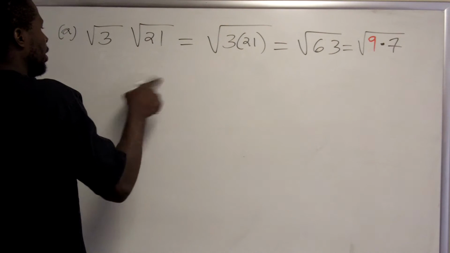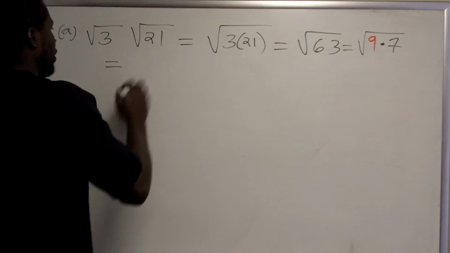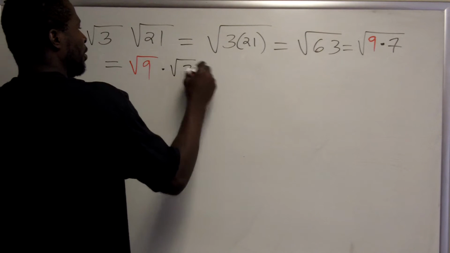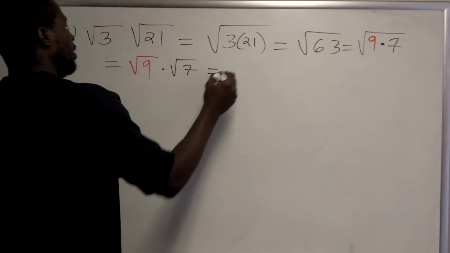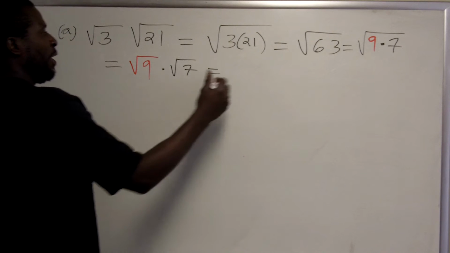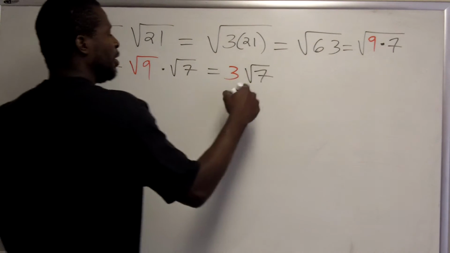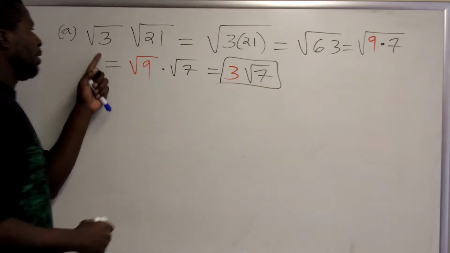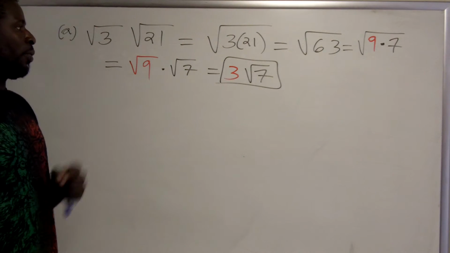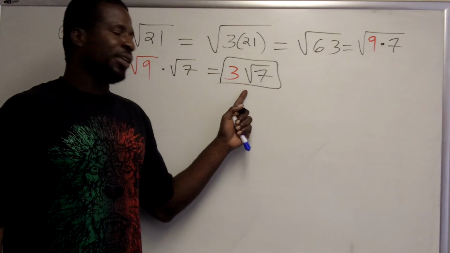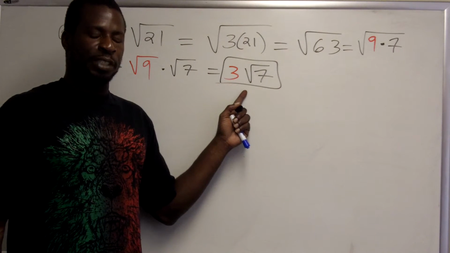This is equal to the square root of 9 times the square root of 7. And then the final answer becomes, well, the square root of 9 is 3, and the square root of 7 is the square root of 7. So this would be the final answer. If I multiply the square root of 3 by the square root of 21, the answer is the square root of 63. But when I simplify the square root of 63, I get 3 square roots of 7.